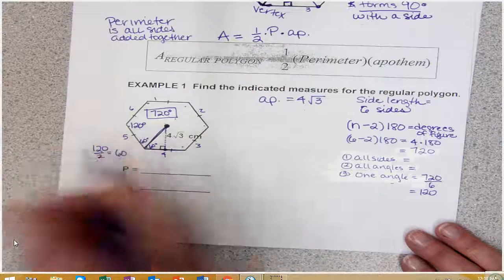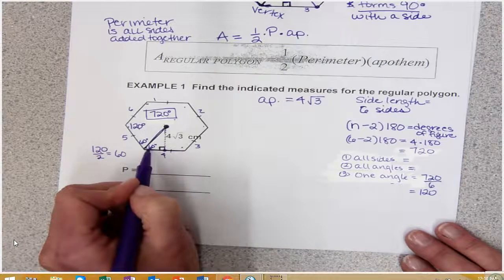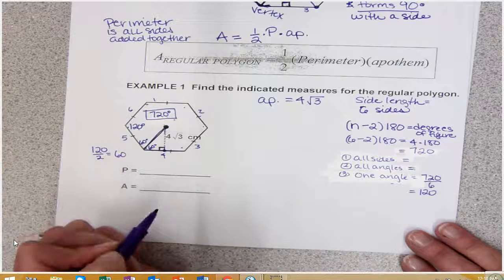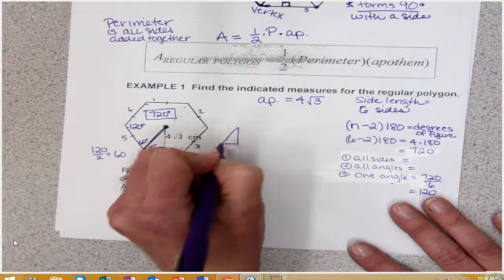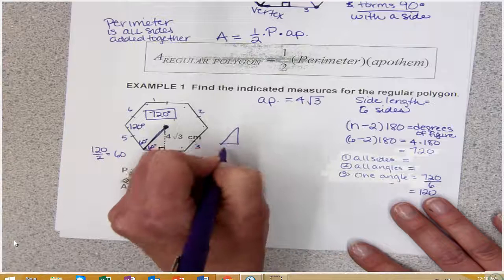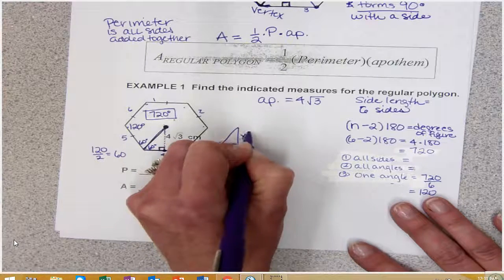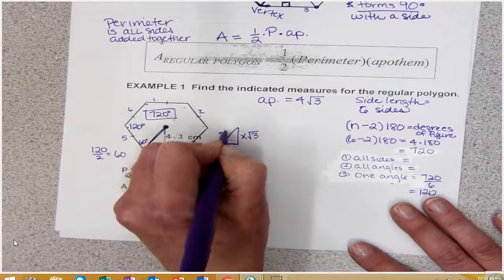So we now have a 90-degree angle and a 60-degree angle, and so we know that the other is going to be a 30-degree angle, which is our 30, 60, 90. And when we have our short leg is our x, our long leg is our x times the square root of 3. Our hypotenuse is our 2x.